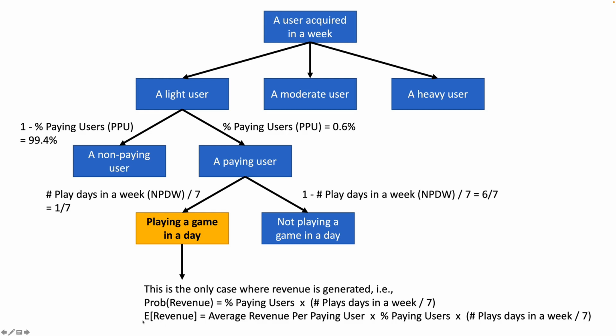And that is the expected revenue per this light user. And we can just repeat the same thing for a moderate user and a heavy user. Okay? And we are going to implement this equation in the Excel spreadsheet to compute the contribution margin.